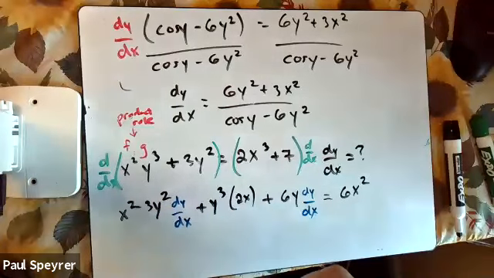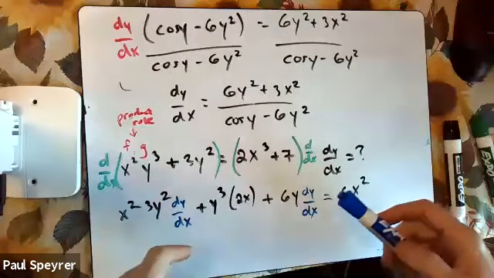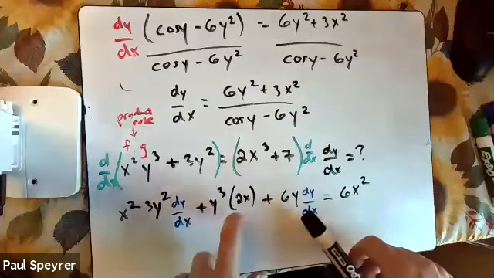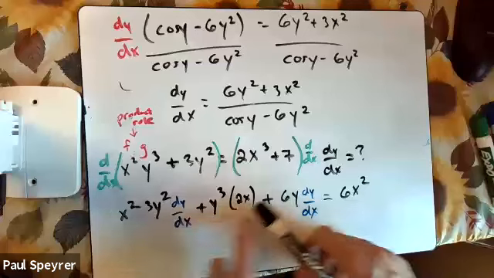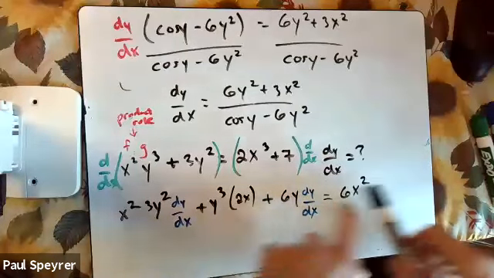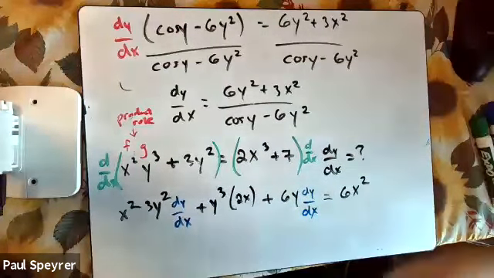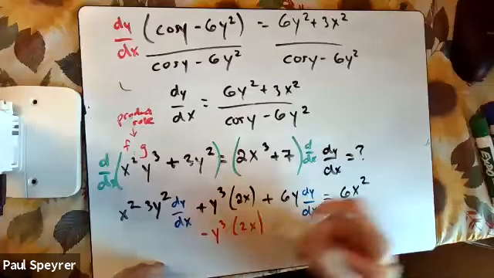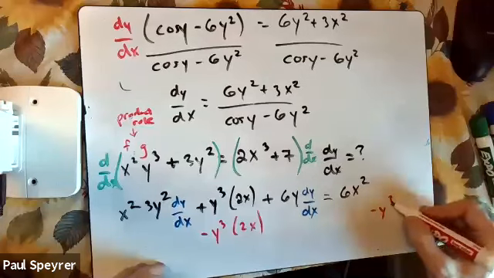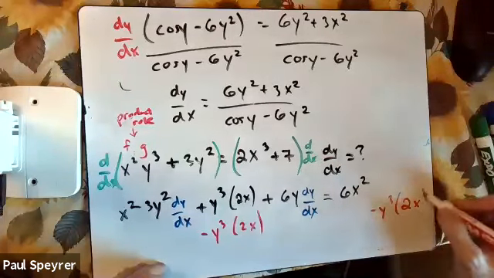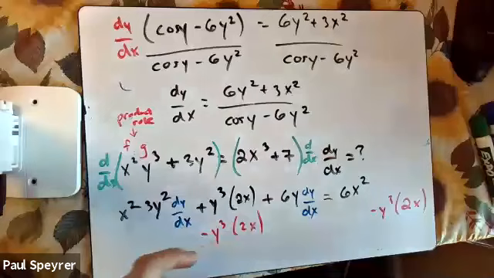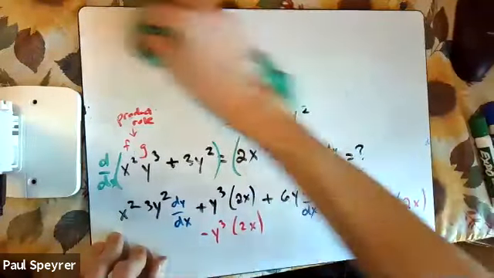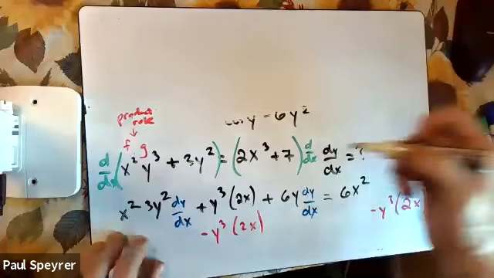Where do we go from here now? Isolate, right? We've got to isolate the dy/dx's, so they are both on the left side. We just move this chunk of stuff over to the right side. Let's do that. I will subtract the y cubed times 2x on both sides. Remember, that's our ultimate goal, to get the derivative, dy/dx equals something. What does that leave us with?